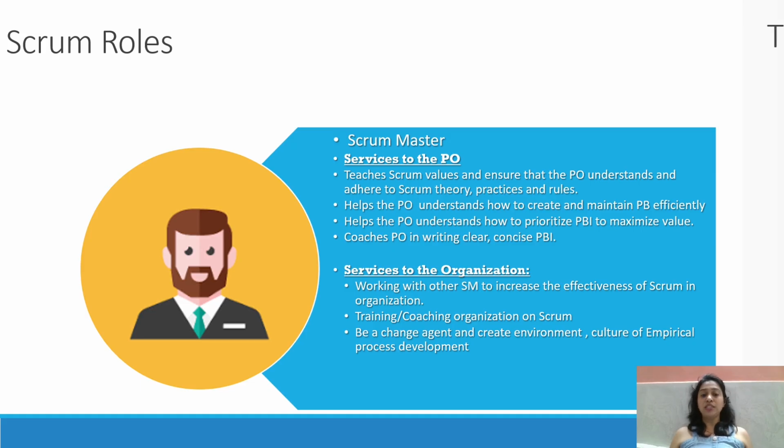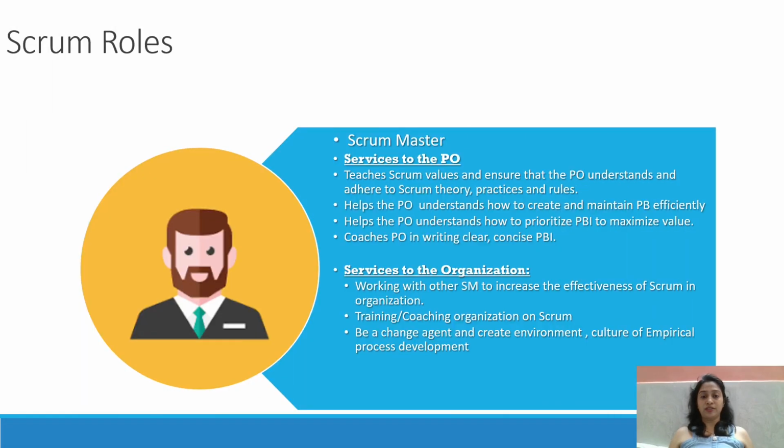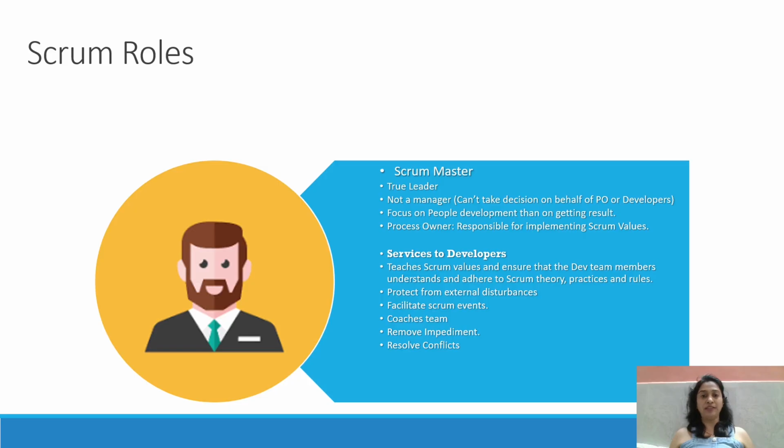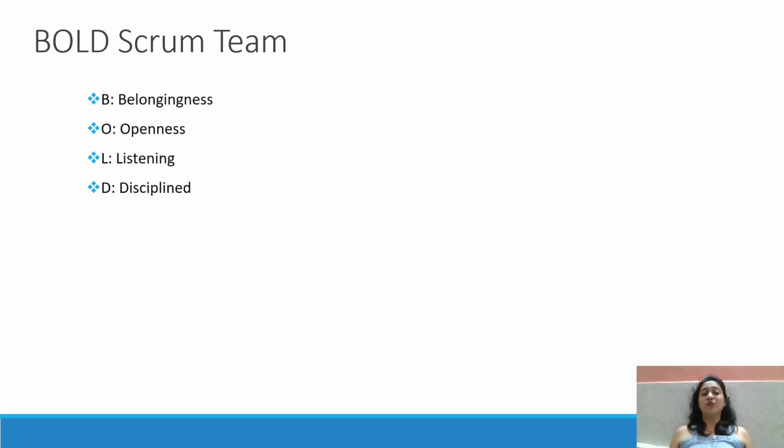So these are the services he provides to the product owner, the organization, and the developers. A Scrum Master will be responsible, influential, collaborative, and humble. These are some characteristics of the Scrum Master. For the Scrum team: belongingness, openness, listening properly, and discipline. These are the characteristics of the Scrum team.